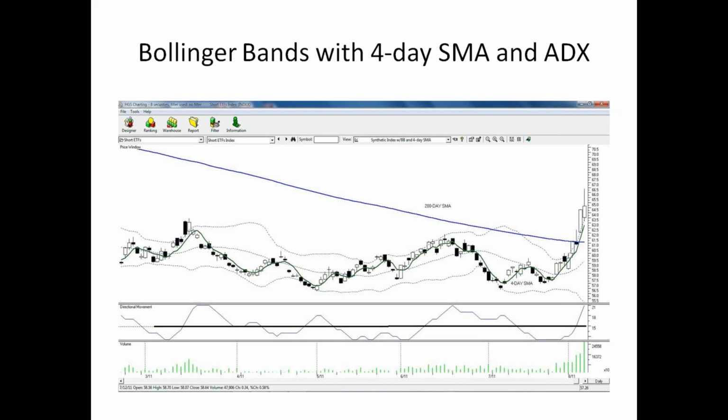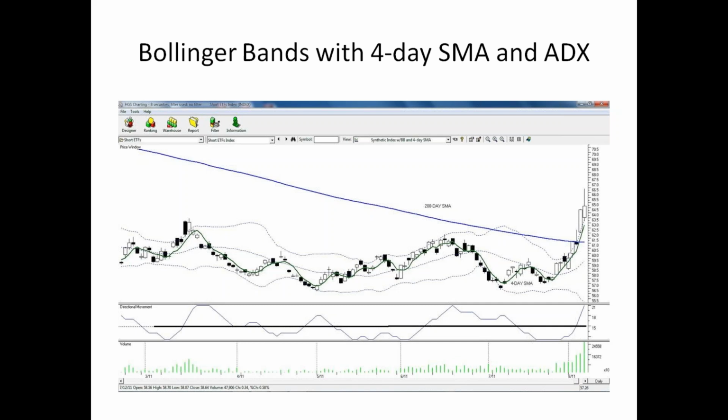One of the secrets to using ADX is looking at the direction of its trend. If ADX is rising, a trend is gathering strength. If ADX is falling, a trend is losing strength. Now, ADX is plotted on a scale, 0 to 100. You'll never see it at 0. You'll never see it at 100.